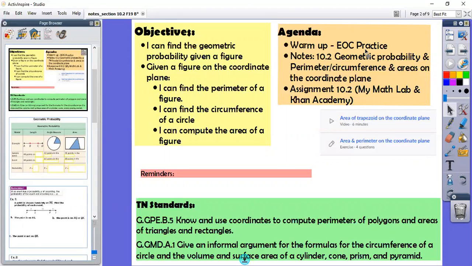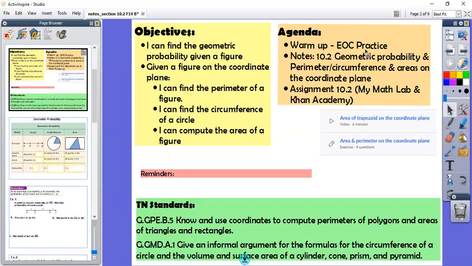Instead, we use a number that's between 0 and 1. And 0 means it's not going to happen at all, and 1 means it's definitely going to happen. So that 70% chance of snow would translate to a 0.7 probability of snow.